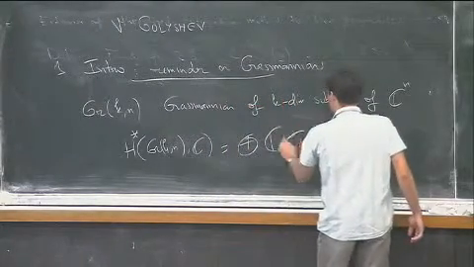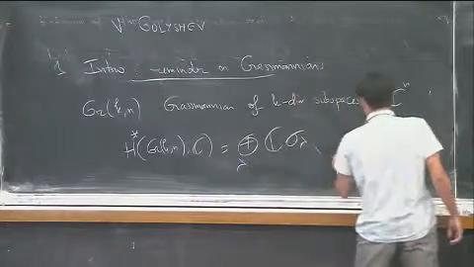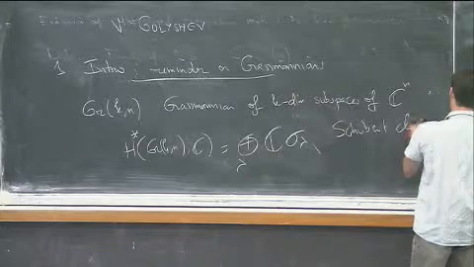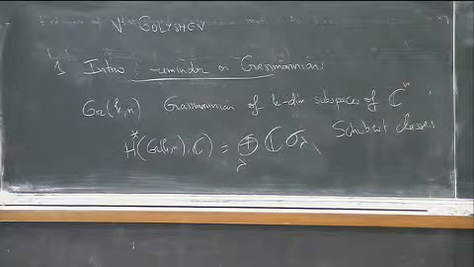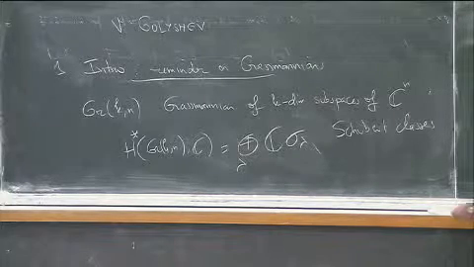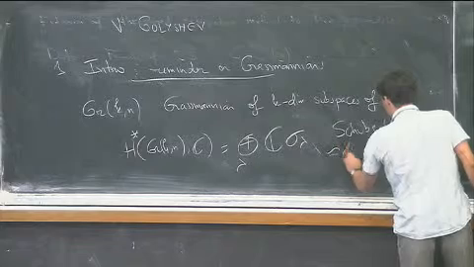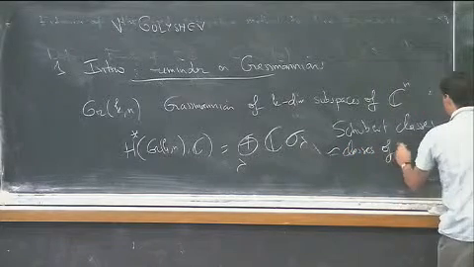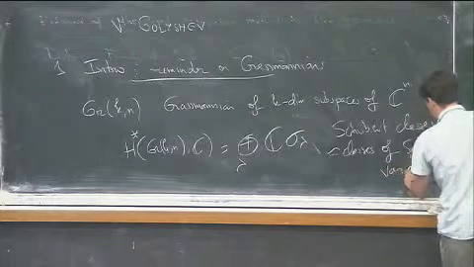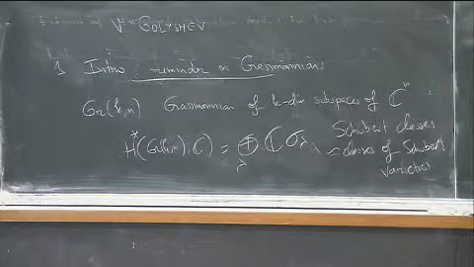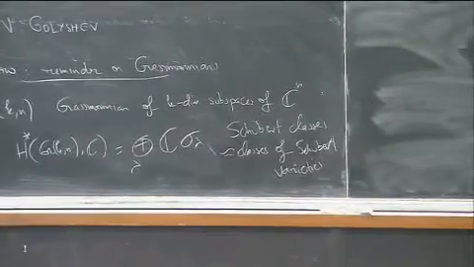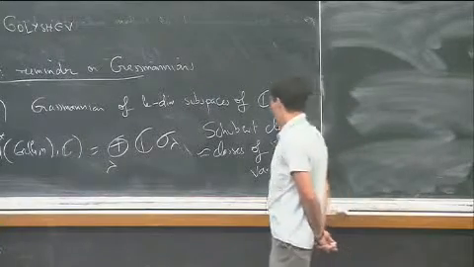So there is a preferred basis given by Schubert classes, which are those which make sense when you do enumerative geometry. So these are the classes of the so-called Schubert varieties, which are subvarieties defined in terms of incidence conditions, so that I will not recall. It's not so important for this talk.